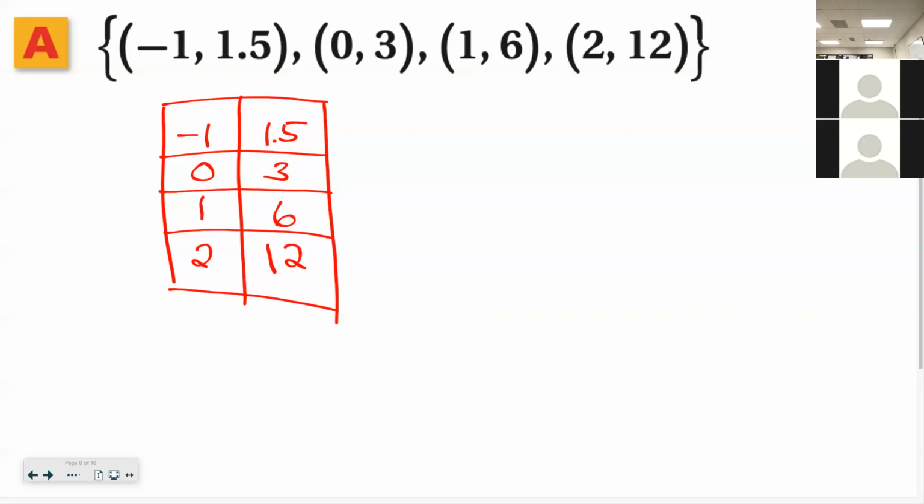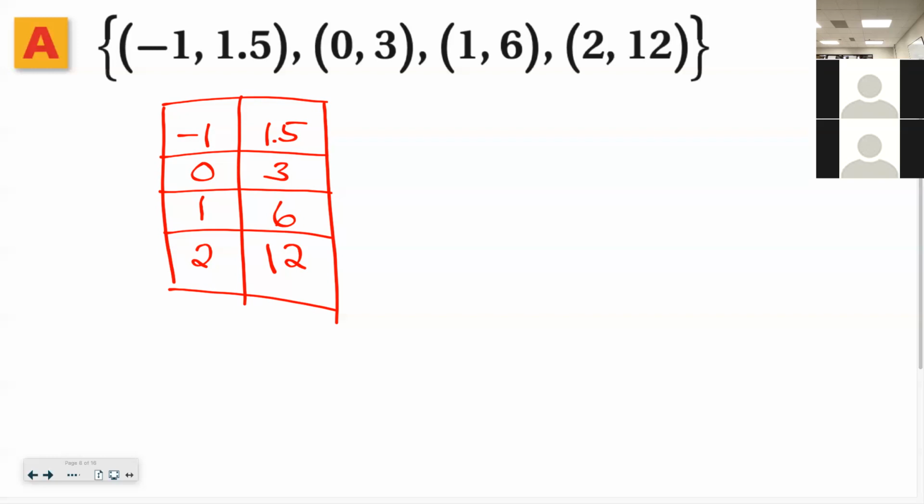Do you remember the first thing we're supposed to check for? Common multiplier. Maybe. That's what we're going to end up checking for, but not the first thing. Does anybody remember the first thing we have to check for?